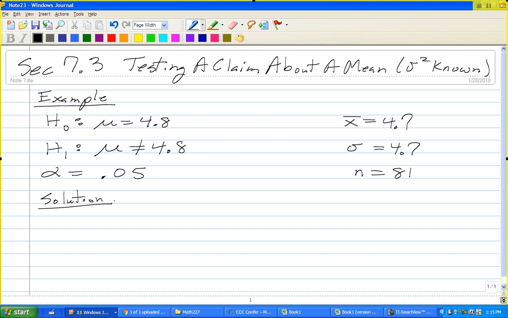Okay, so let's solve this. So the first thing I notice is that this is a two-tailed test because I look here at the alternative hypothesis and I see, well, it's not equal, therefore I have two tails.